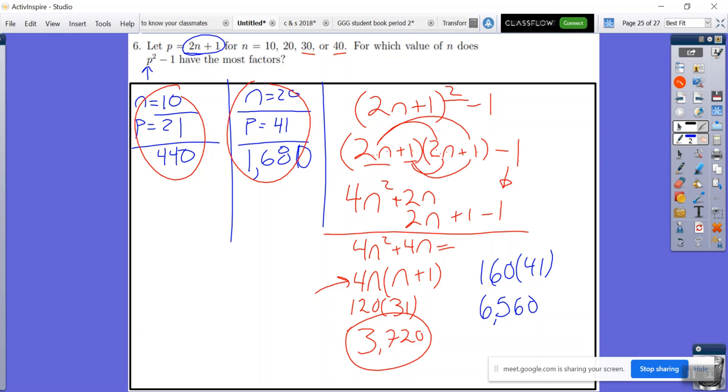Are we done? No. What are we really being asked to figure out? How many factors each one of them has. Does anyone remember how to find out how many factors a number has?